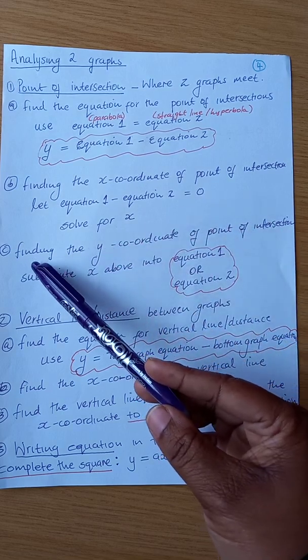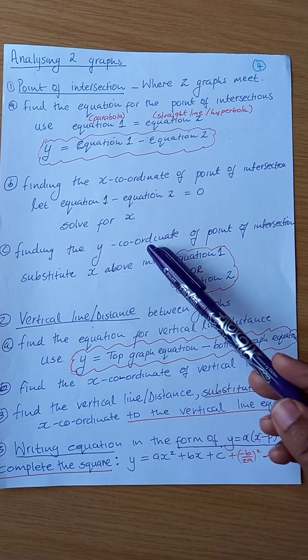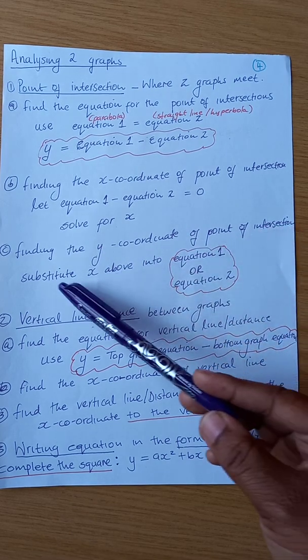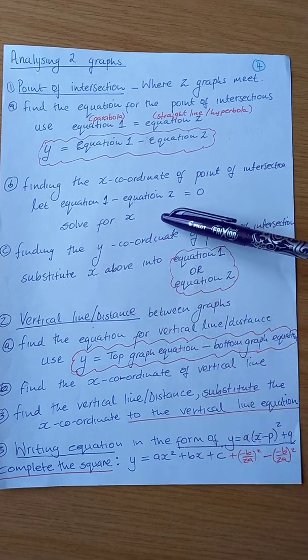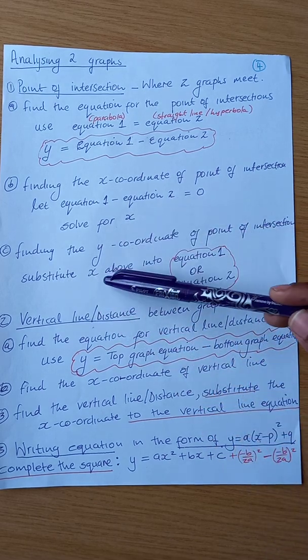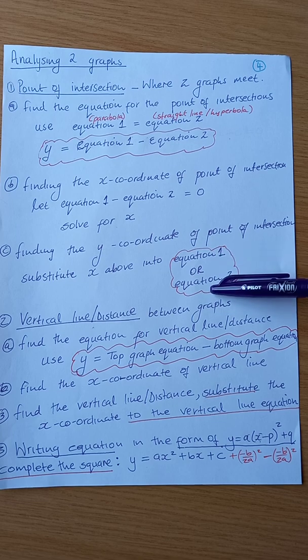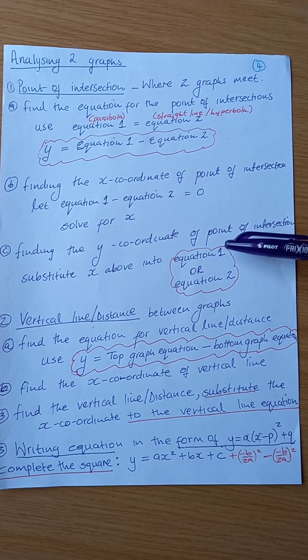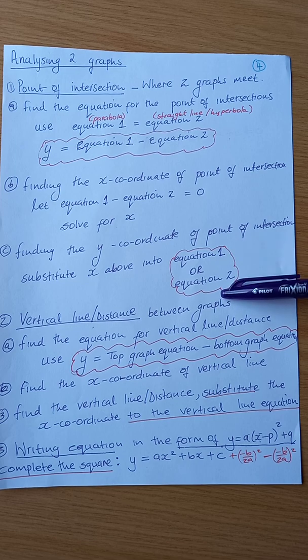Now, the last thing is to find the y coordinate for the point of intersection. You substitute the x value that you got. If you've got one x value, you can substitute it in either equation, but you have to choose one: equation 1 or equation 2.